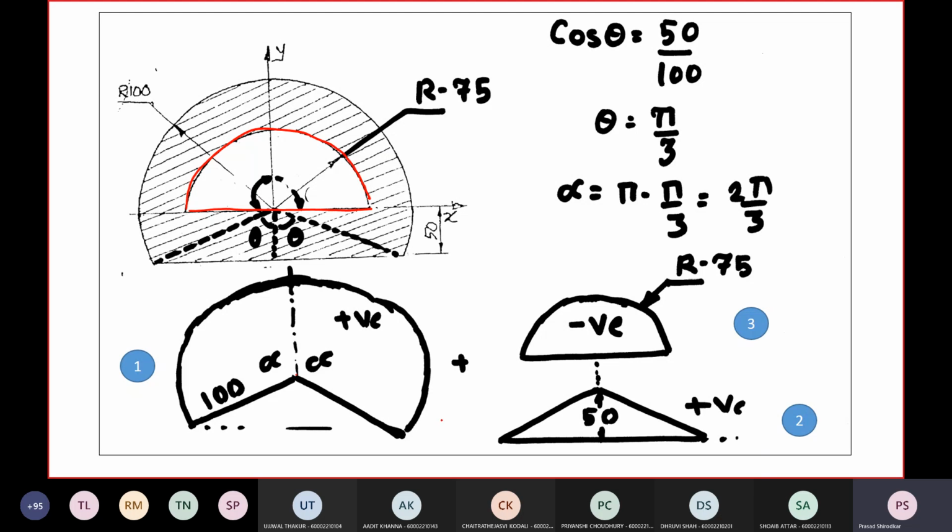In this case, the angle included by the sector of the circle is not acute, it is obtuse, greater than 180 degrees. Still, all the formulas will remain the same. In terms of alpha, all the equations for the sector will remain the same. So let's do the calculations one by one.